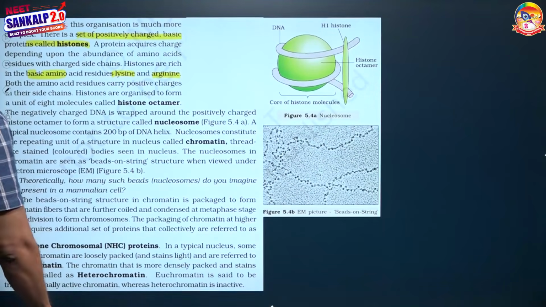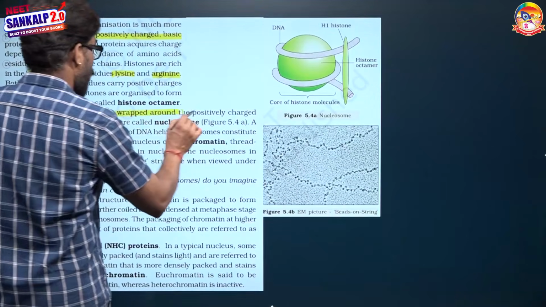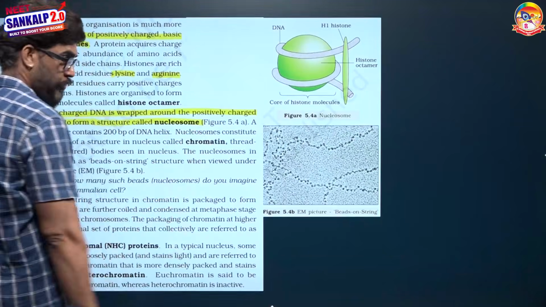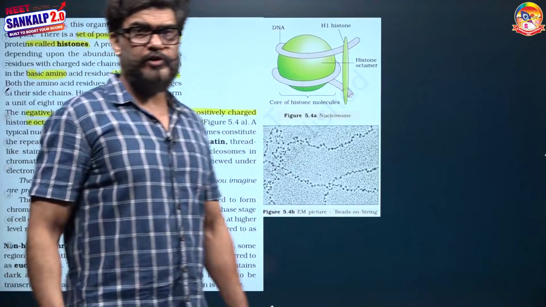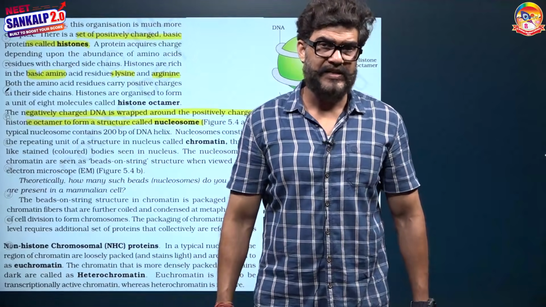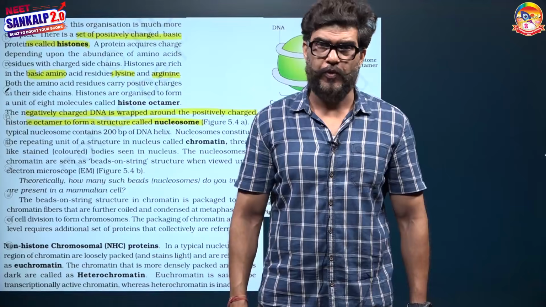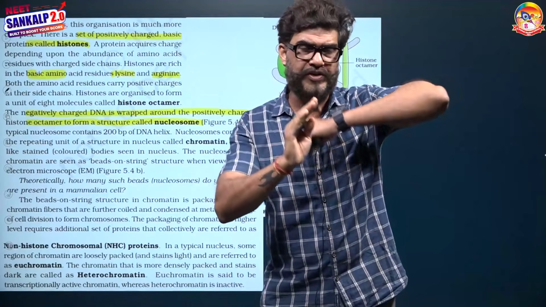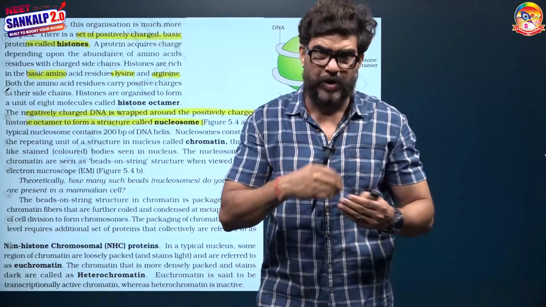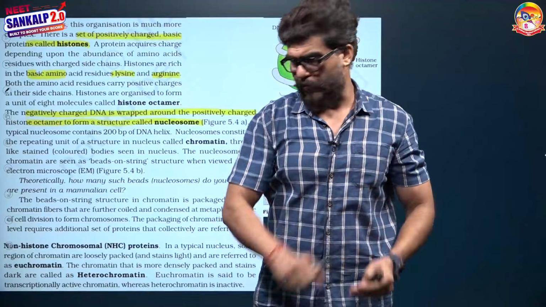The negatively charged DNA wrapped around a positively charged histone octamer forms a structure called a nucleosome. The octamer has two molecules of H2A, two of H2B, two of H3 and two of H4. Around this octamer, 146 base pair long DNA wraps and is sealed by histone 1.